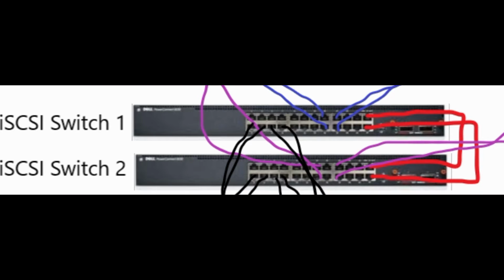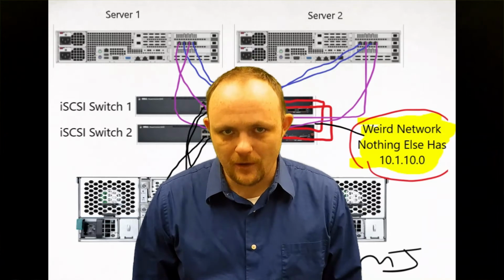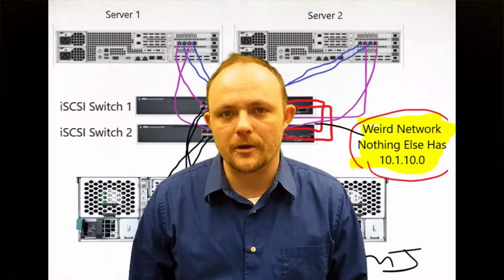And what you'll do is configure a separate subnet, or hopefully configure 2 iSCSI switches that are completely on their own, and only those SANs utilize them. So that's where the term storage area network comes into play. It's a completely separate network that is utilized only for storage.